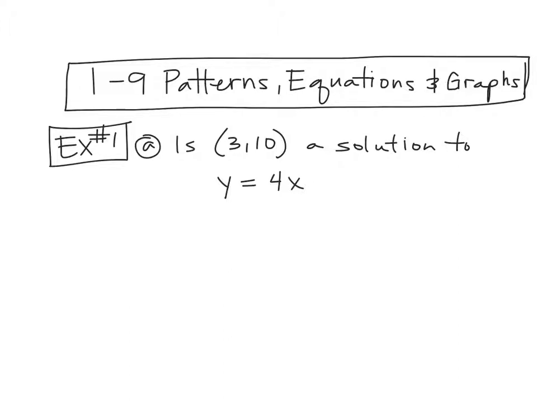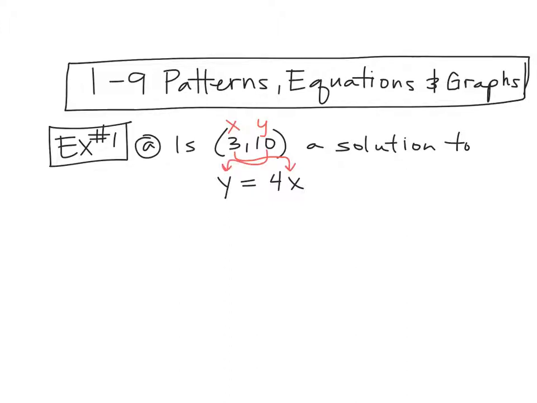The way we check it, and I highly recommend you do this, just to make sure you put things in the right place: this point has an x value and a y value. I would label them. That way when you go to plug them in, you can see x goes here, and y goes here.